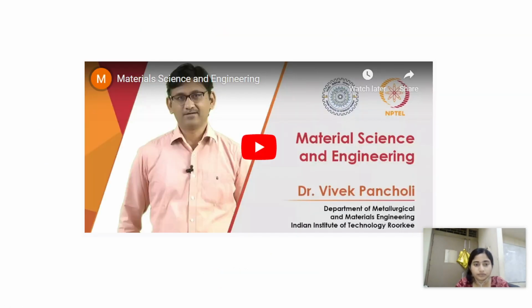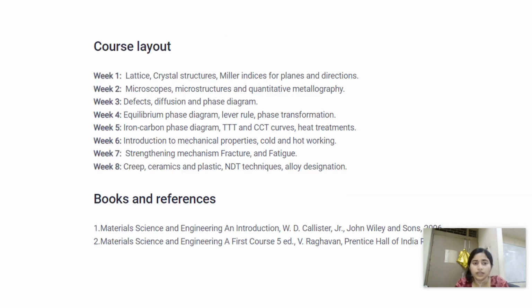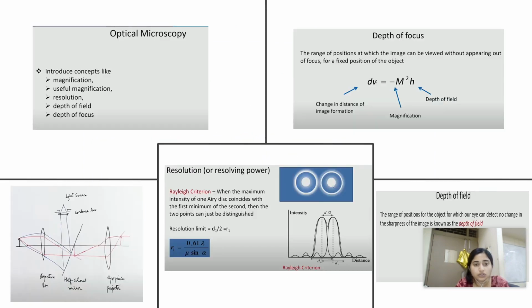The second week taught microscopes, microstructures, and quantitative metallography. In optical microscopy, he taught us magnification, useful magnification, resolution, depth of field, and depth of focus. So I included some of the important parts from the class here, because we are going to solve problems based on this and based on the assignments also.